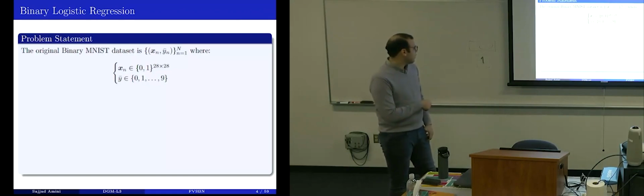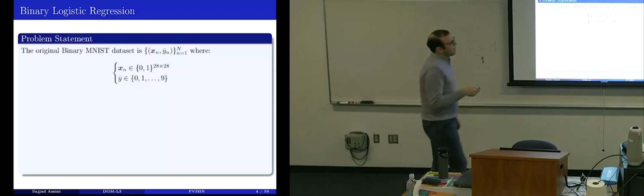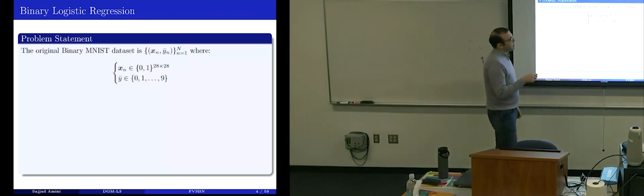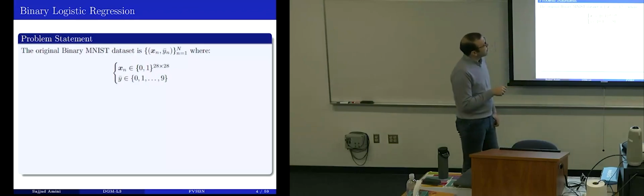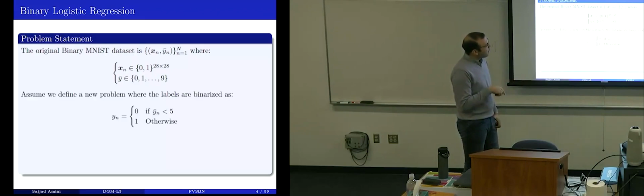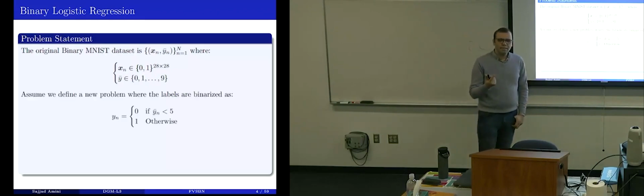And you can also easily understand the context or the digit in the image using the binary image. So the X is from this dimension, X is 0 or 1, and the Y, the label, is one of these numbers. I want to change this data set.